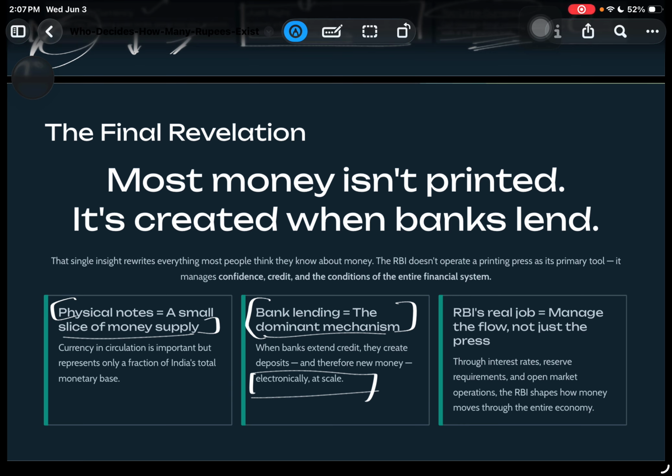RBI's real job, either through printing or through absorbing, either they are injecting cash flows or they are absorbing high liquidity, is just to manage the flow. They are not just the printing press, the mint. They are there to manage the flow of money in the economy. That's it.